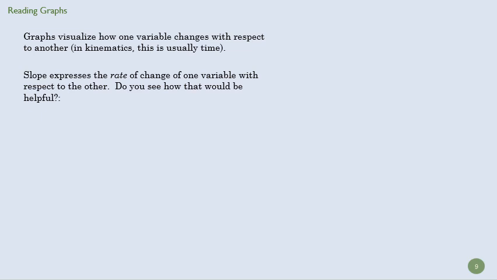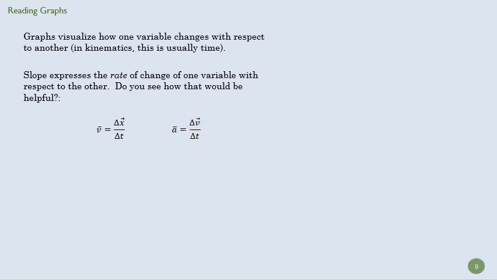One of the things we have to pay attention to is the slope of these plots, and that's going to tell us the rate of change, okay? So if we look at our definitions, this is average velocity, our displacement over time. Acceleration is our change in velocity over time.